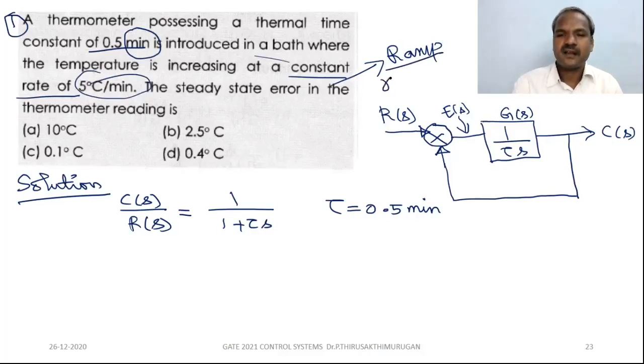With a rate of 5, it is not a unity ramp. It is R of t equal to k times t u of t, where the rate k is given as 5 degrees Celsius per minute.